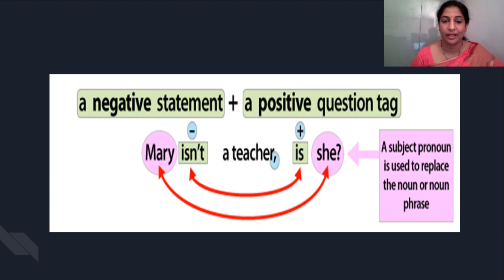And you can see the arrow marks there that show the change of position. The first word Mary moves to the last word in the question tag, and isn't, the negative word, becomes the positive word is and becomes the first word in the question tag. And you can also see two parts of a sentence separated by a comma, and at the end of the question tag we have used a question mark.